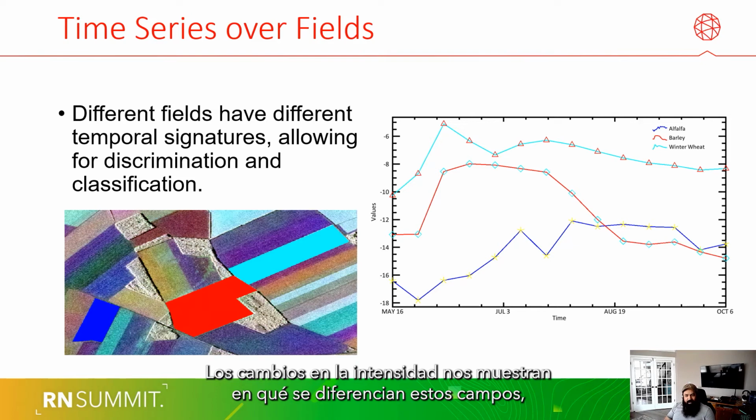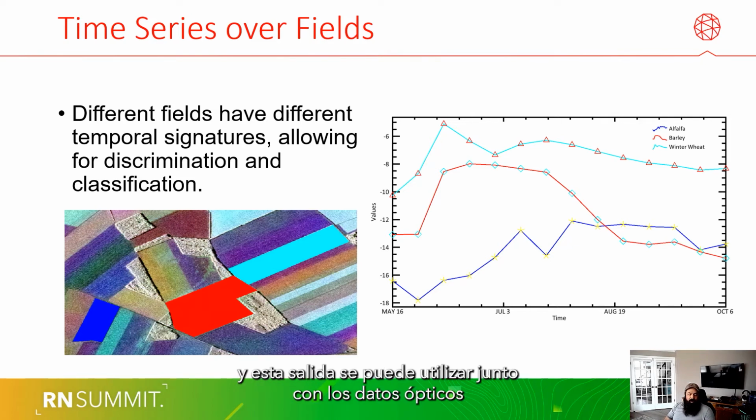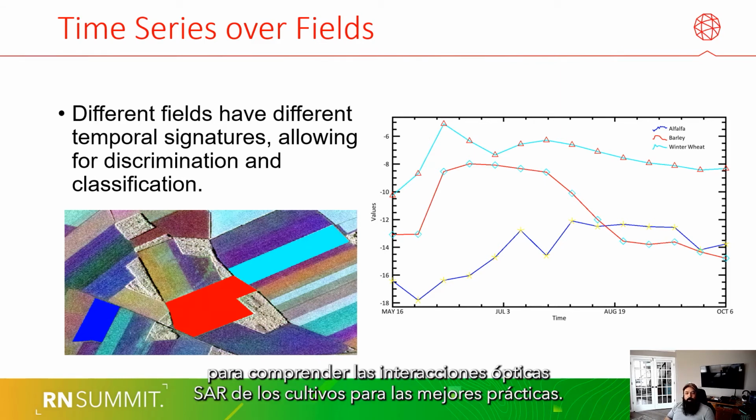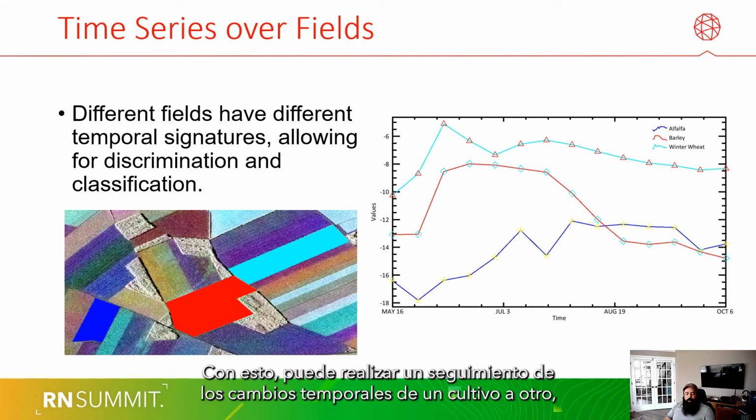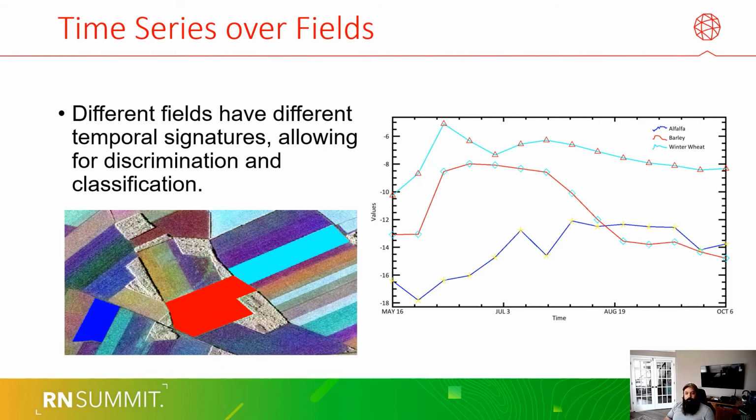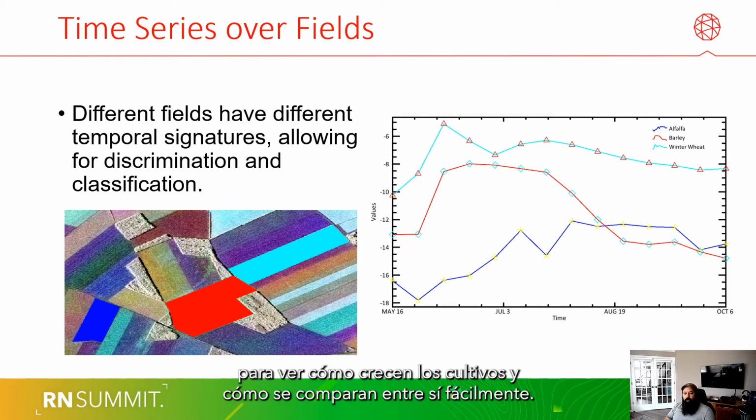Changes in the intensity show us how these fields differ, and this output can be used in tandem with optical data to get an understanding of SAR optical crop interactions for best practices. With this, you can track temporal changes from crop to crop, field to field, or even over an entire scene to see how the crops are growing and how they compare to each other easily.